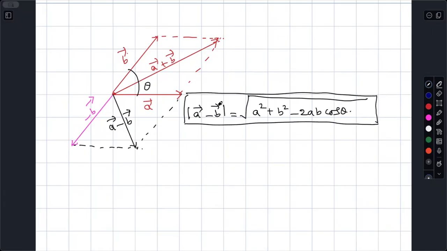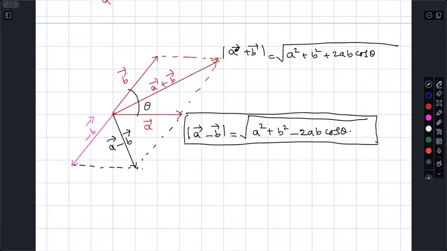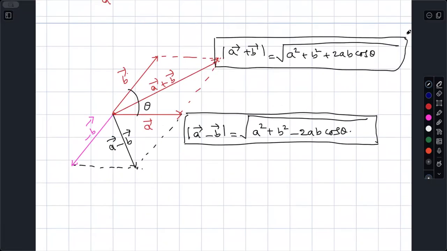Whereas A bar plus B bar magnitude you already know: square root of A square plus B square plus 2AB cos theta. That's the deal. Okay. That is a clear-cut idea.